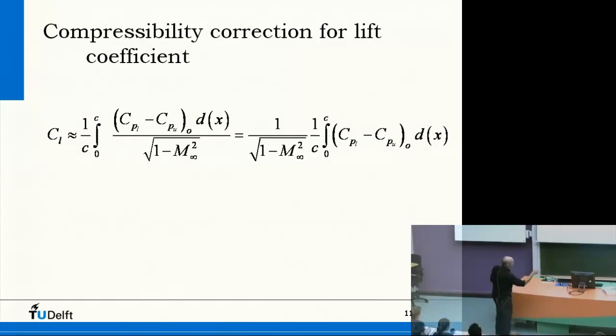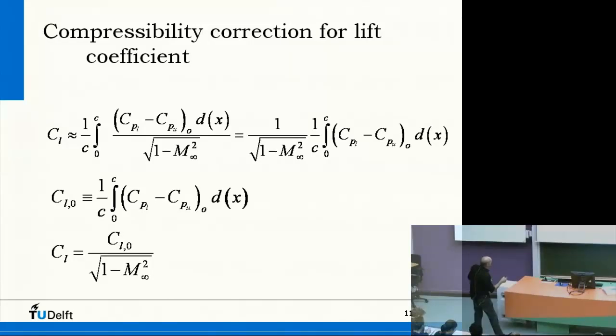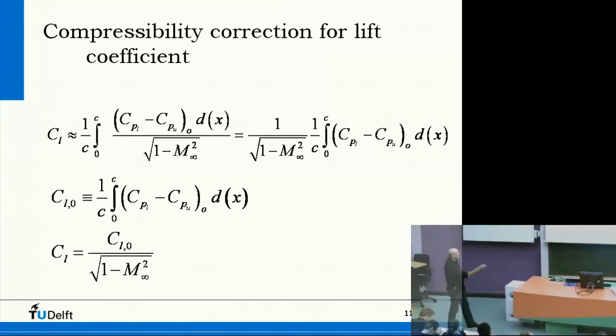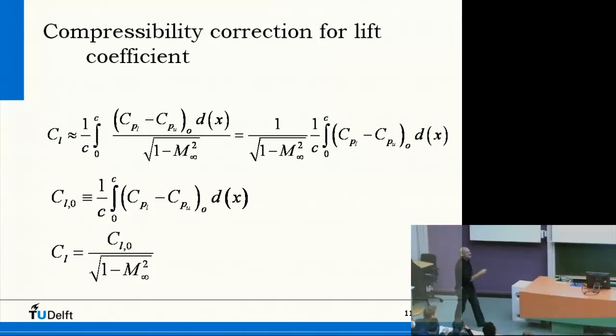Because this is a constant for one certain Mach number, we can take it outside the integral and put it like this. And of course, this is the old CL0, right? So also, just like the CPs, we can write CL compressible is CL incompressible divided by beta.